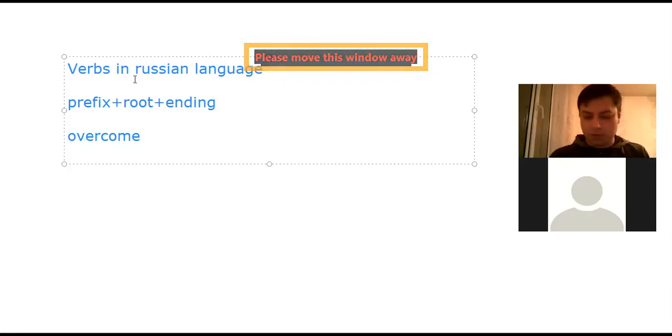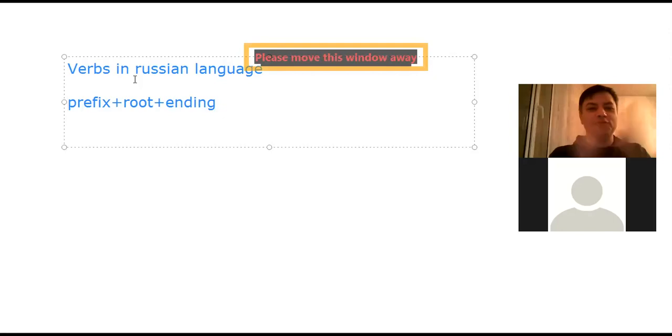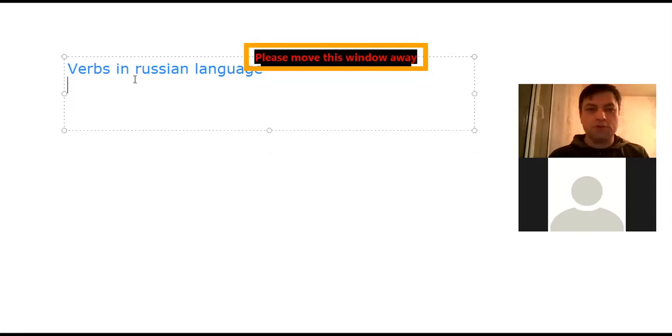Likewise, in Russian, prefixes, suffixes, and endings make a lot of difference. This is a whole universe. Verbs are the universe. They're so changeable, so numerous, so big. So just to let you know, you will be facing a challenge.